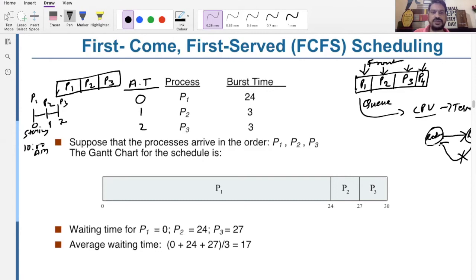So 1, 2, 3 is not an actual time; it is a relative time. In that way the queue has been arranged, and we know that the queue deletes data from the front and puts data into the rear side. If another process comes, it will come to the rear side. This is my front.